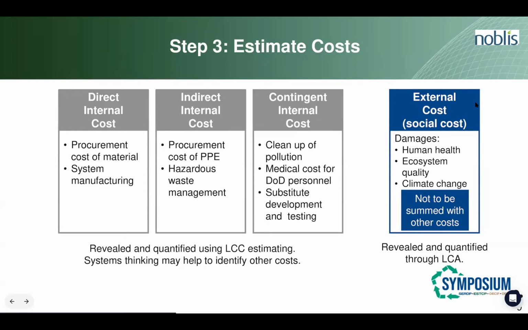And then also the indirect costs, the water treatment, your air may need to go through a system for cleaning it, et cetera. And then finally, we get to the external costs, the social costs of greenhouse gases, et cetera. There's 4 categories of external costs that are able to be quantified in these life cycle assessments.